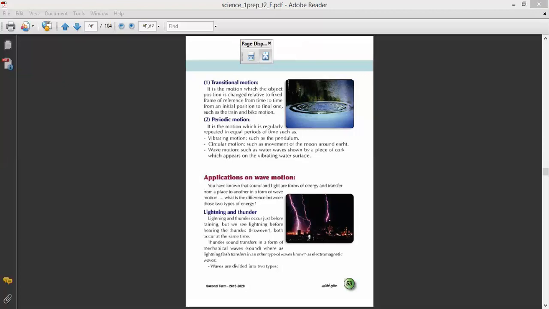The speed of the electromagnetic wave is extremely high. It is 300 million meters per second. You know that the sound speed is about 340 meters per second, not 1,000, only 340 meters per second.